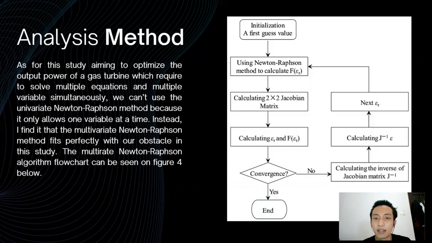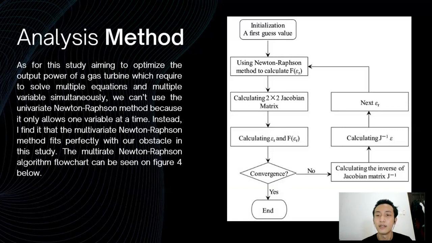After we get the results, we continue calculating epsilon r and find f of epsilon r, and then we test to see if it converges. If yes, then it ends. If no, then we calculate the inverse of the Jacobian matrix, J inverse, and then calculate J inverse times epsilon.